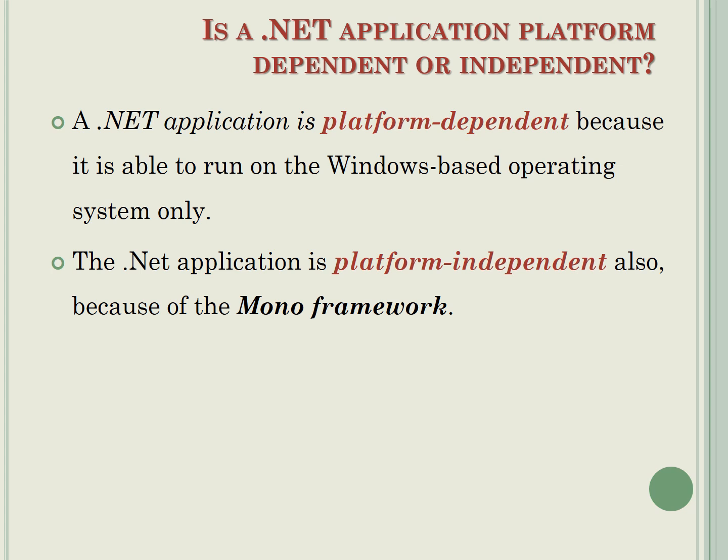So a .NET application is platform dependent because .NET framework is only able to run on Windows based operating systems. The next one, the .NET application is platform independent also because of Mono framework.